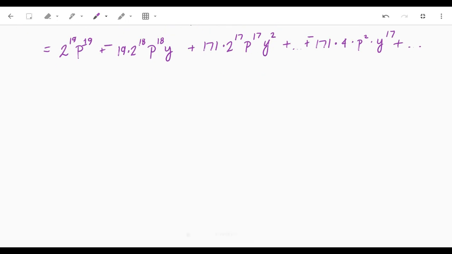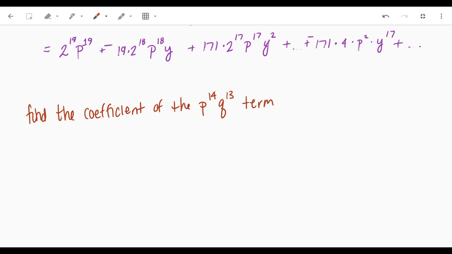So they're going to give you: use your binomial formula to find the coefficient of the p^14 q^13 term in (3p + q)^17.